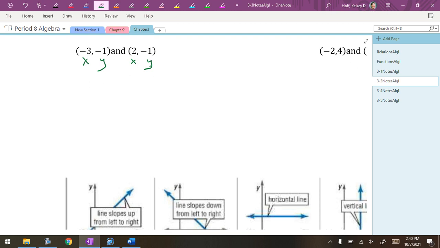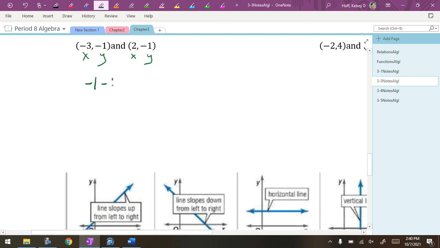Anybody panicked yet? No? A little. Are you supposed to panic about this? -1 minus 1. Oops, I screwed that up. -1 minus -1, which really is adding, which is 0, divided by -5.